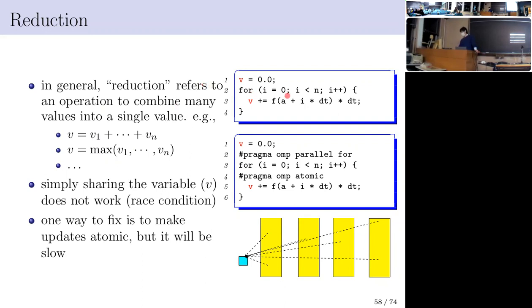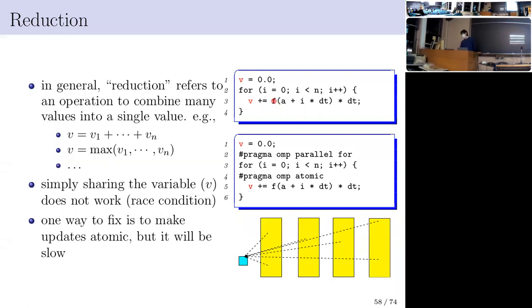For example, this is a simple code that is apparently doing some integration. You calculate f of x on each value in the range, multiply it by the increment, and compute the sum of all these f(x) dt, right?